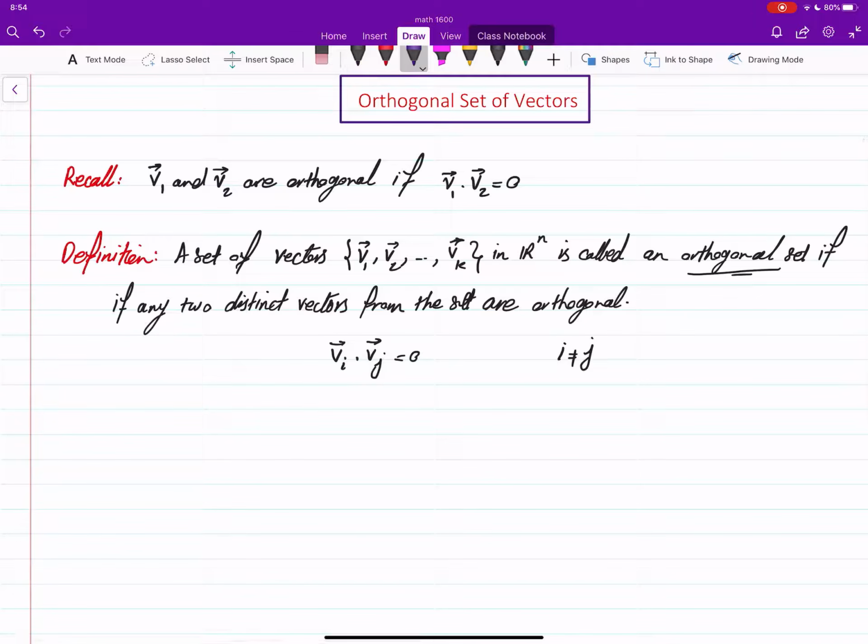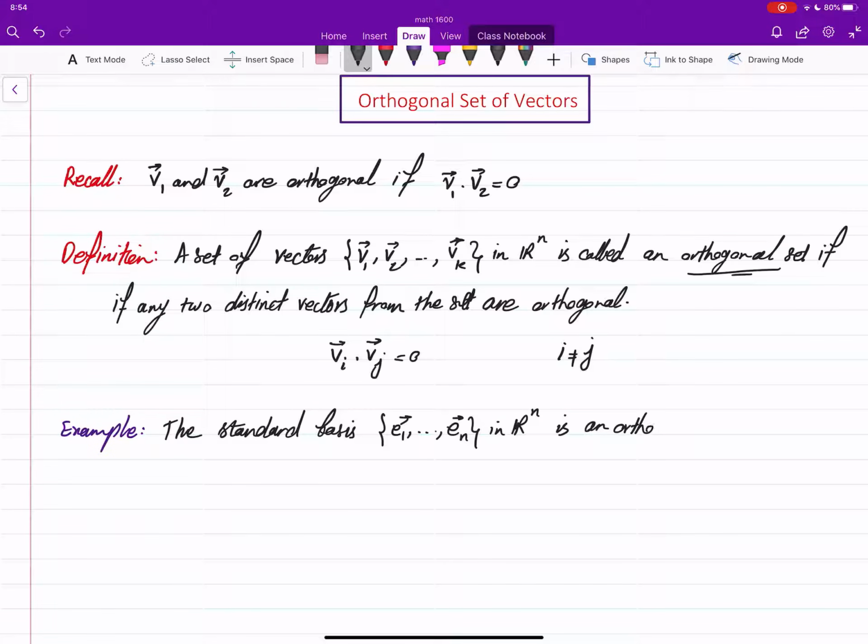A very good example of an orthogonal set is the standard basis. Remember the standard basis e1 up to en in Rn. These vectors form an orthogonal set.